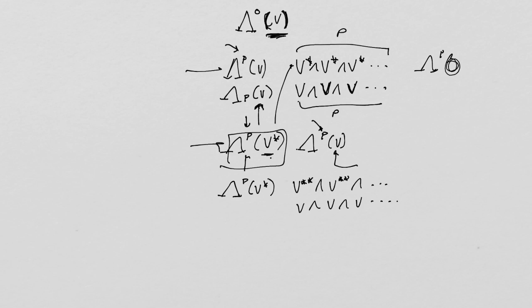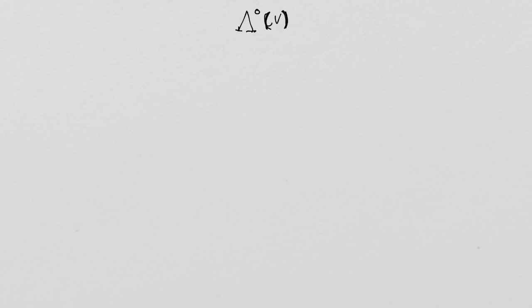Okay, so with that in mind, let's do this again. This thing now, the 0th exterior power, is very similar, and in fact, it's really the same as this, right? Because when you're dealing with the 0th exterior power, you don't have any terms of the vector space or the dual space. But we do want to make a distinction between the two, even though they really are the same space.